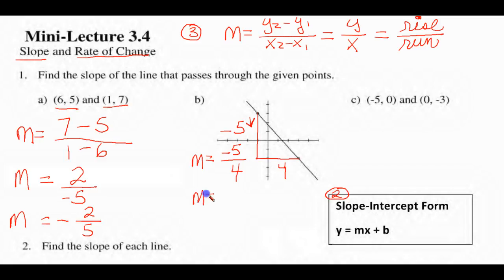Or write it as a negative 5/4. Now, suppose you started here. Well, this would be a -4 then in this direction, and a +5 in this direction, would still give you the same results. And we might start to look at that if a graph is high, and as you go to the right, goes down, that will always be negative slope.